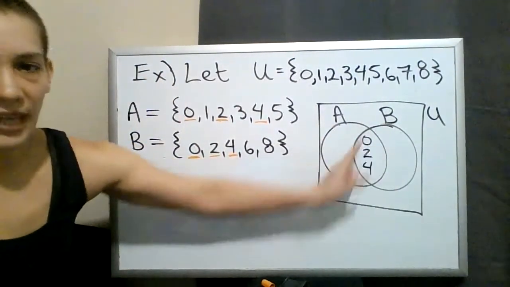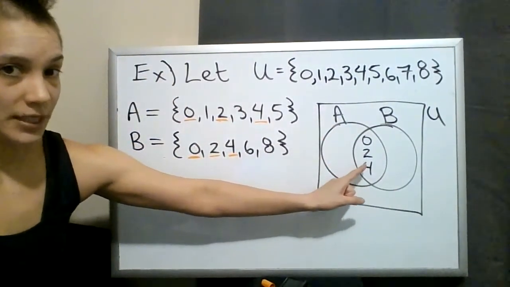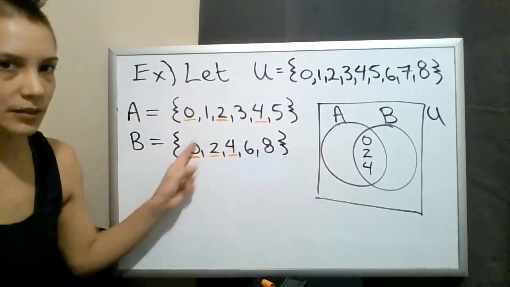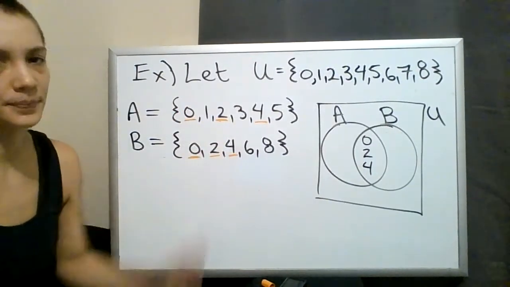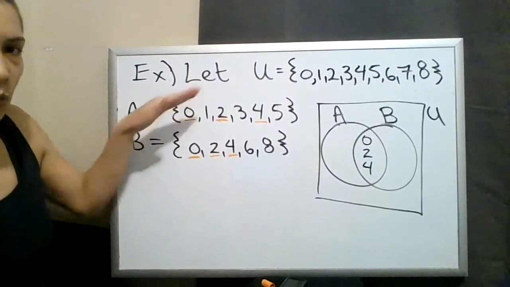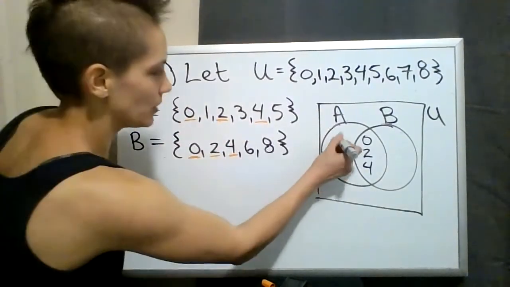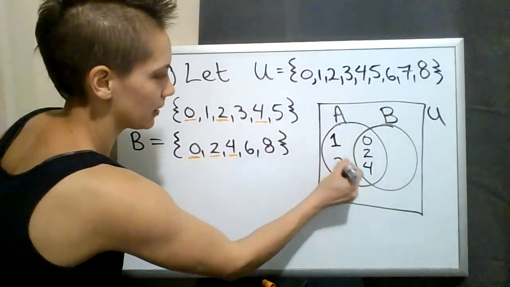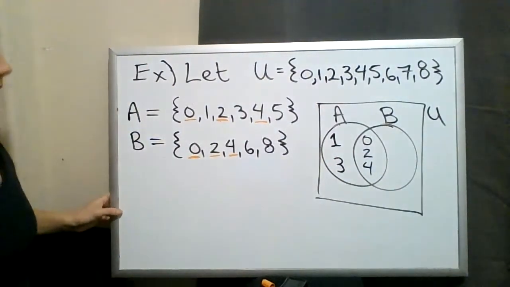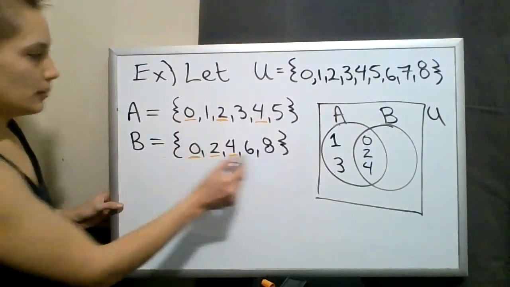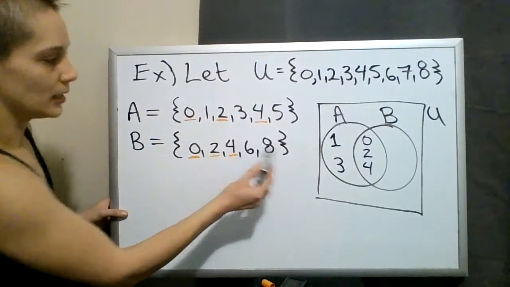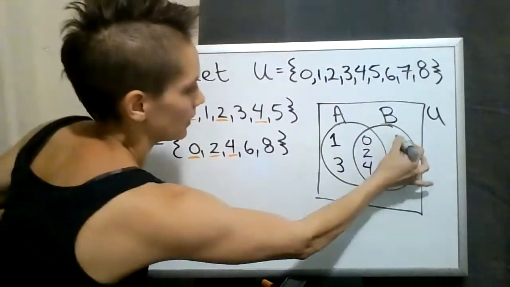So where A overlaps with B is where they share the same elements, and those shared elements are 0, 2, and 4. A contains 1 and 3, but those elements are outside of B. B has 6 and 8, but A does not, so it's going to be here.